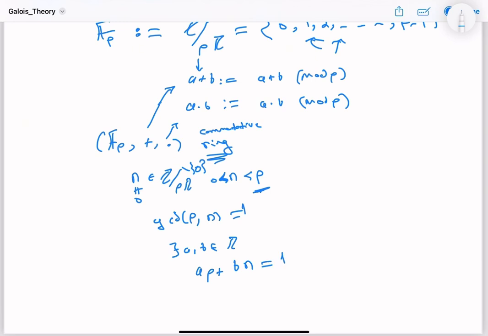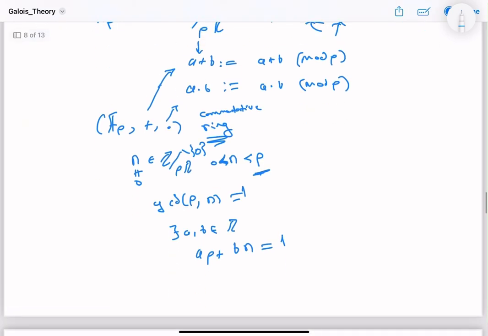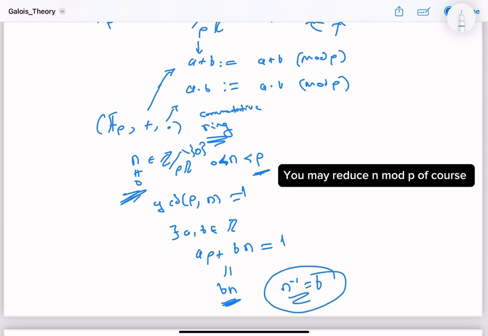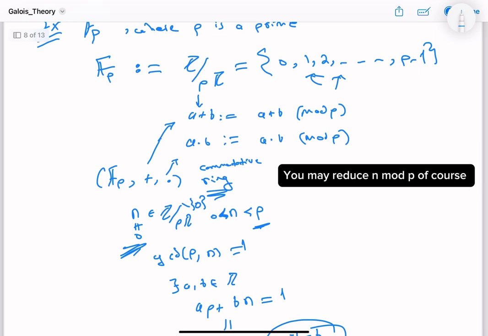But since we're working in Z mod pZ, this whole thing modulo p is just bn, and thus you've just found an inverse of n, namely n inverse in this case is b. So whenever n is not 0, it has a multiplicative inverse, and this is what proves that F_p is a field.